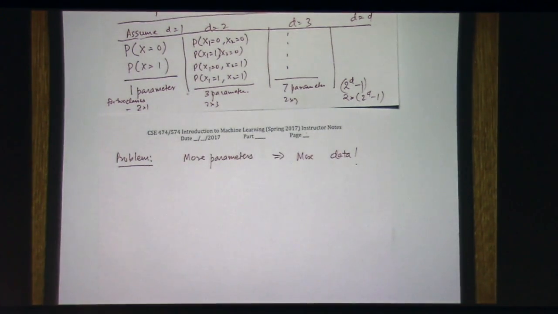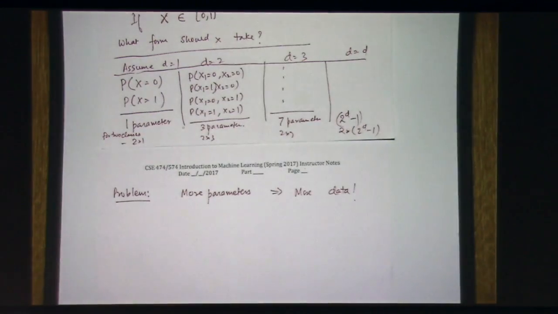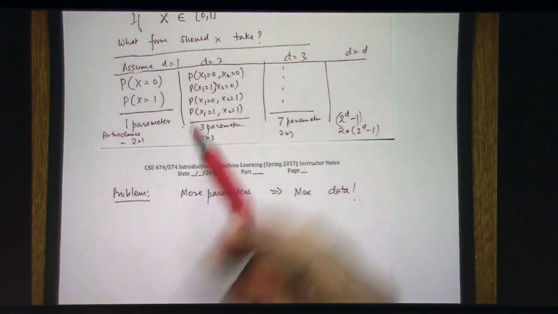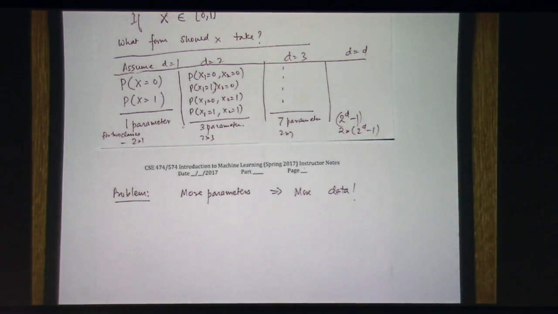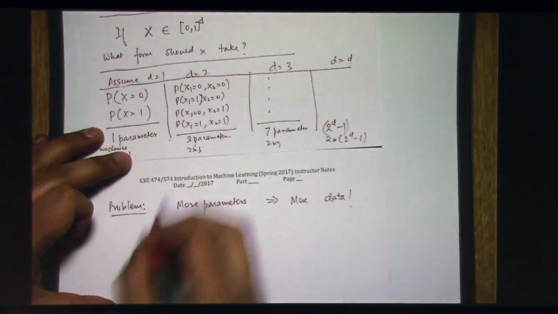One thing, as you had pointed out, is that we can simplify the form of this distribution a little bit. For example, if we assume that all of these things are independent of each other. So how do we reduce the number of parameters? Let's go back to this one.